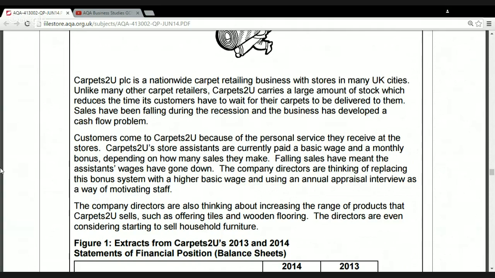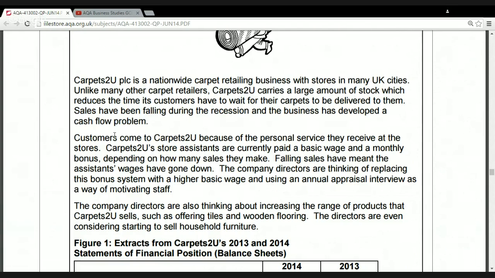Unlike many other carpet retailers, Carpets to You carries a large amount of stock, and its customers have to wait for their carpets to be delivered to them. Sales have been falling through the recession, and the business has developed a cash flow problem.